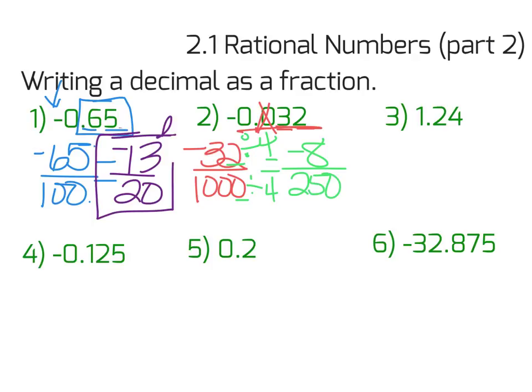So see, I was still wrong. There's still another number we can divide it by because these are both even, so I know 2 at least goes in. I wonder if 4 goes in. So I'm going to think in my head 250 divided by 4, and that doesn't go in right. So I guess I could just divide by 2 more. So I'm going to divide by 2, divide by 2, and I get negative 4 over, and 250 divided by 2, 125.